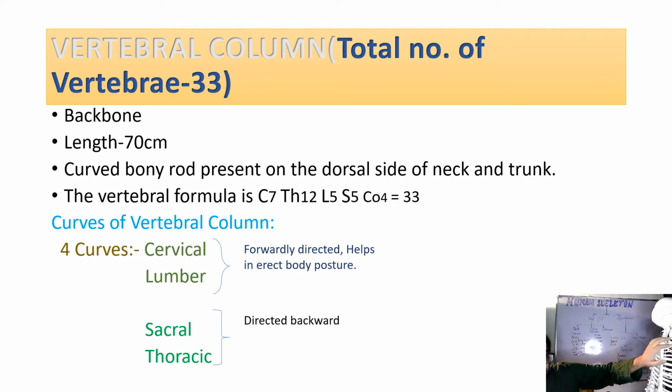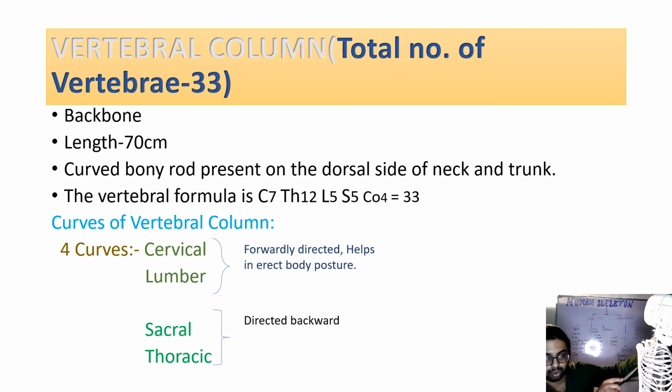Now the curves of the vertebral column. You see, and here obviously the vertebral formula is given: C7, TH12, L5, S5 and CO4. Total comes to 33. This is like C7, cervical vertebra, so the total number of cervical vertebrae is 7.